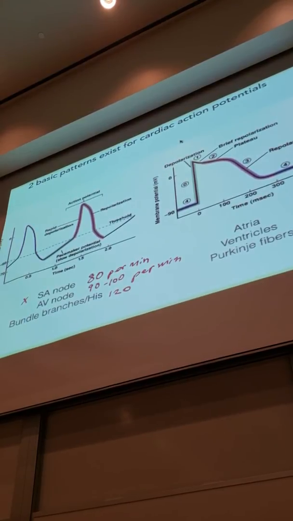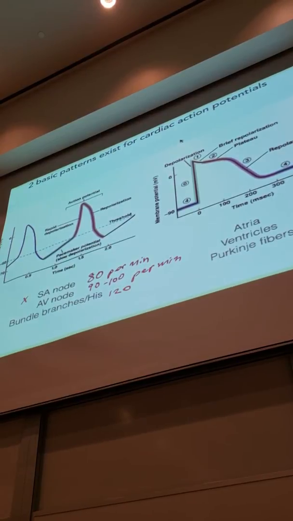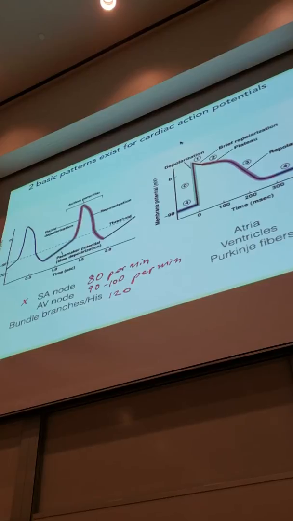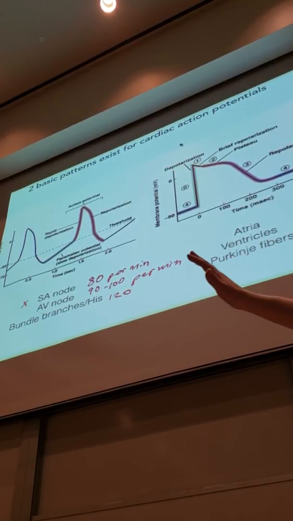If they all begin at the same time reaching towards threshold for the big depolarization, the SA node gets there faster. So the SA node will determine the rate for the entire heart, because its action potentials are going to spread, and they'll get to the AV node before the AV node can even get to threshold on its own.